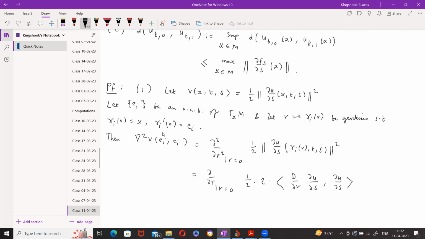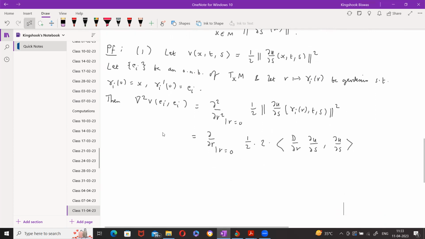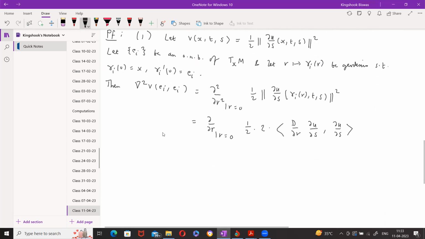The half and 2 cancel, and by symmetry D del r of del u del s is the same as D del s of del u del r, right?